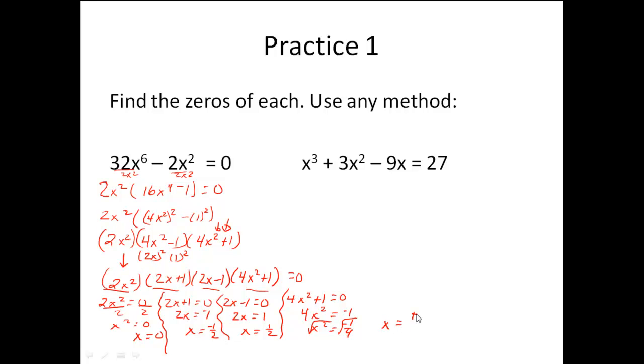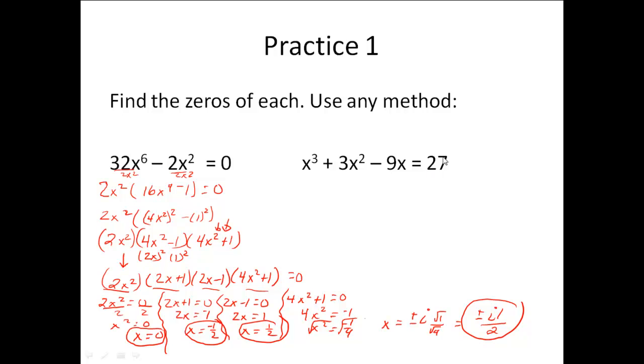So I'm going to have x equals plus or minus i, and then I'm going to have the square root of 1 over the square root of 4, which nicely reduces down to 1/2. So for my answers, I have plus or minus i over 2, I have a positive 1/2, I have a negative 1/2, and I have 0.